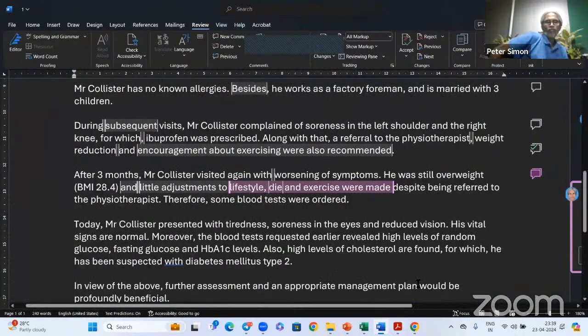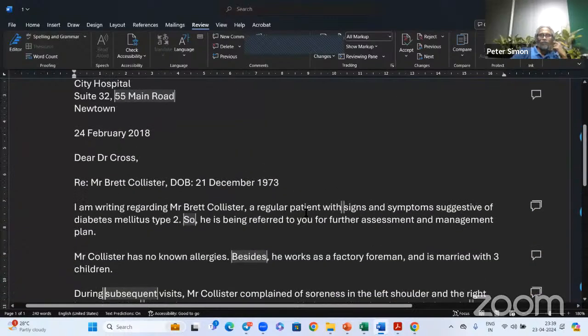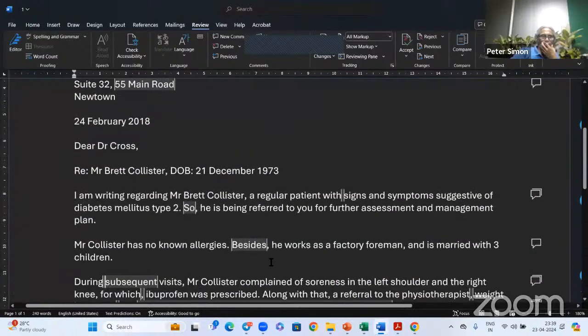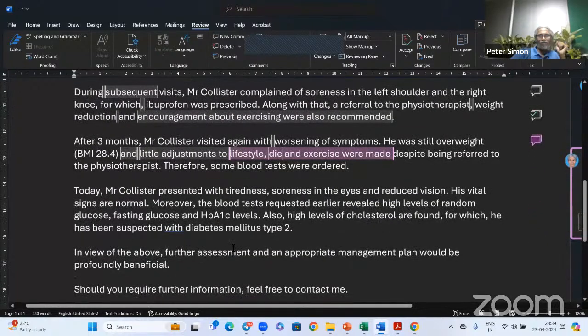Okay. Next one. Therefore, okay, therefore we used here. So here already we used therefore. So we need not use therefore here.